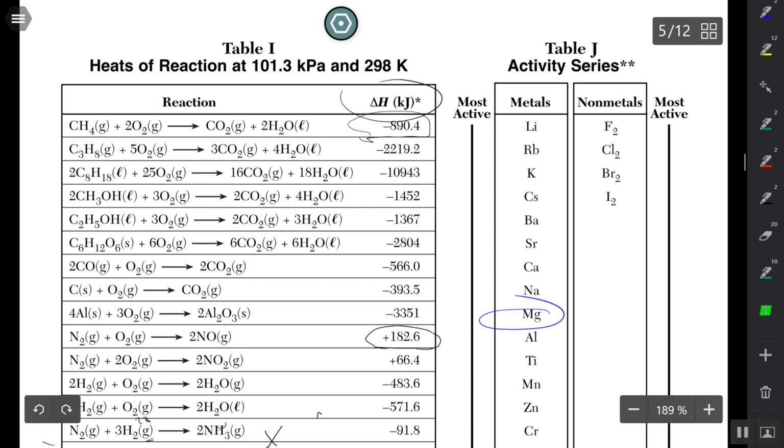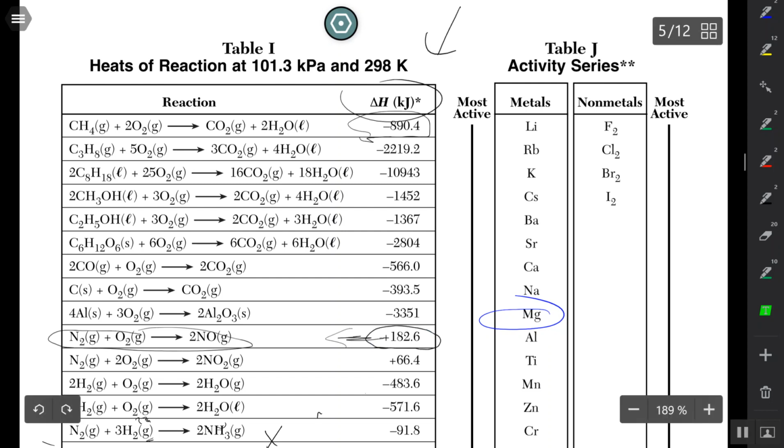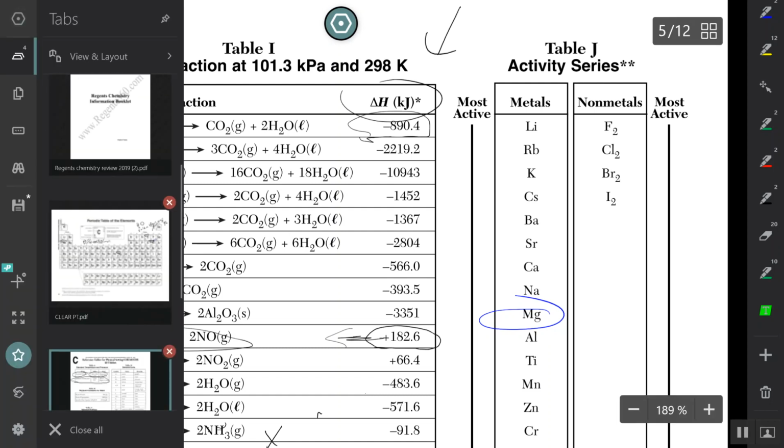So here we have a reaction in which we're actually forming a bond, yet we're absorbing heat. So you can't really go by BARF all the time. However, you can always go by this table here. So always double check this table. If the reaction is not on this table, then you can probably assume BARF applies.